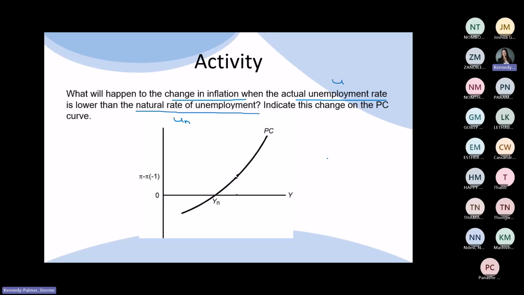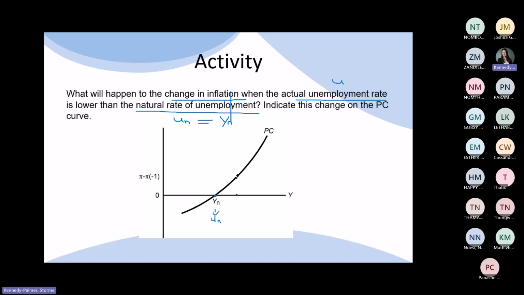And remember, we used Okun's law to determine that the natural rate of unemployment is associated with the natural level of output, or YN. So we know that is this point over here. So this point is also synonymous with the point where unemployment is at its natural level, UN.